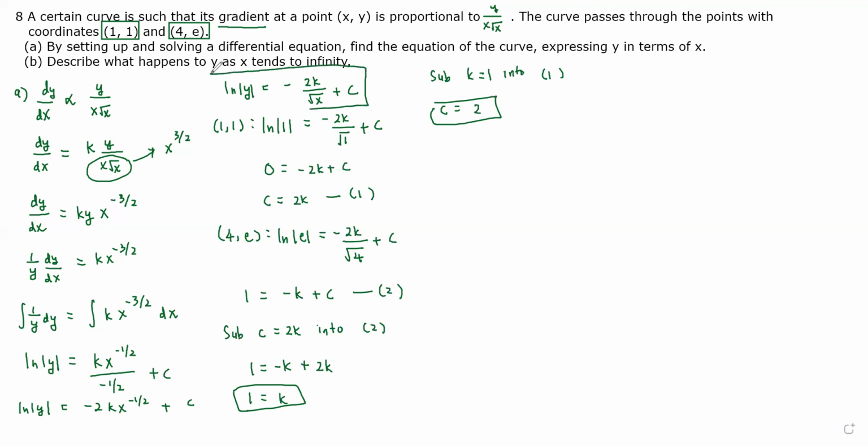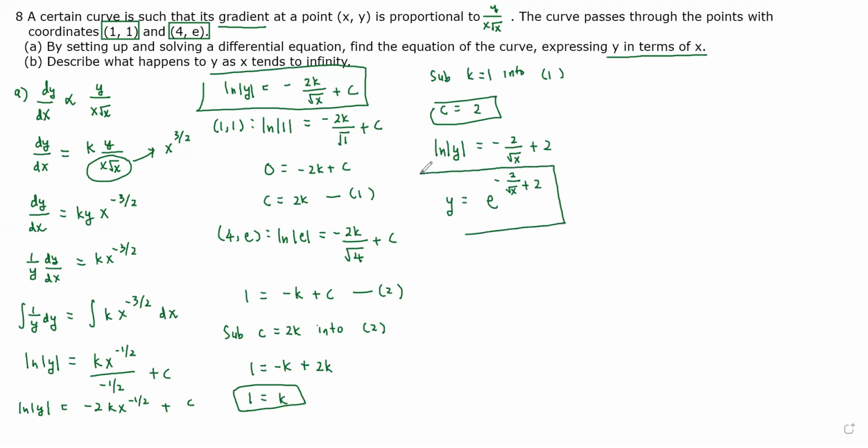Then in this equation, ln of the modulus of y equals negative 2 over root x plus 2. We need to express y in terms of x. So rearranging, we have y equals e to the power of negative 2 over root x plus 2. That gives us the equation of the curve for part A.